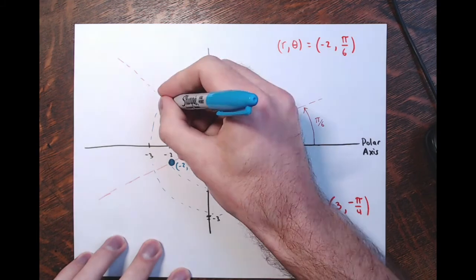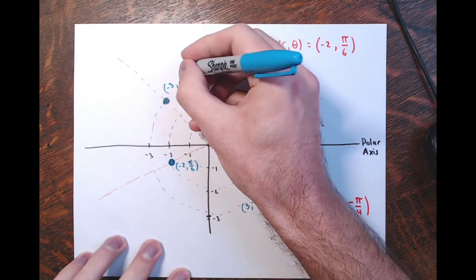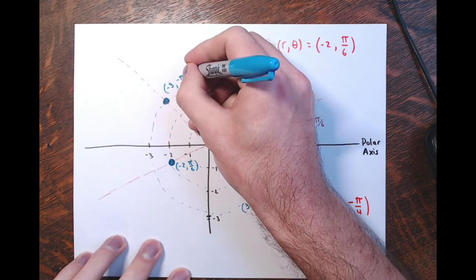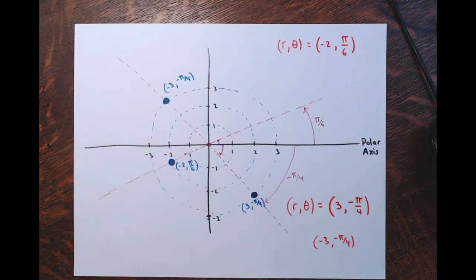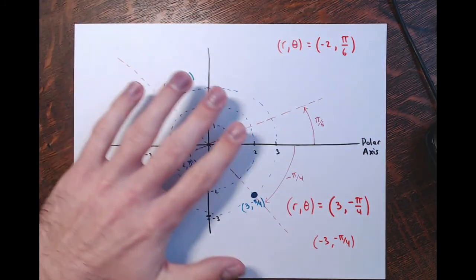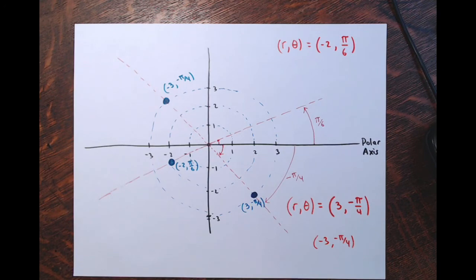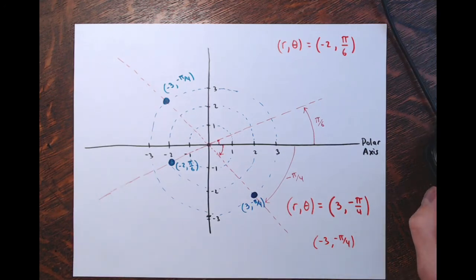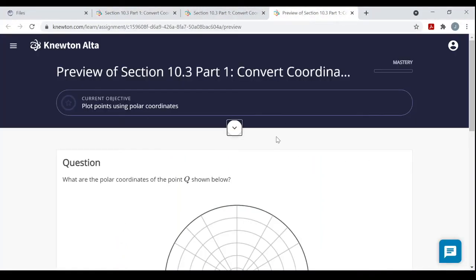So this point up here on this circle is the point with r equals negative 3 and theta equals negative pi over 4. So any location on the plane can be described in polar coordinates. You can describe how to travel to that point. Okay, so that's their instruction, at least part of it anyway.